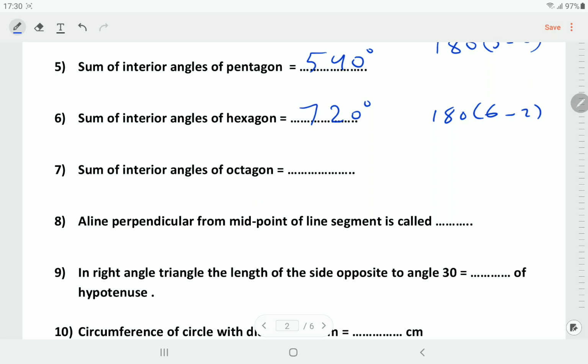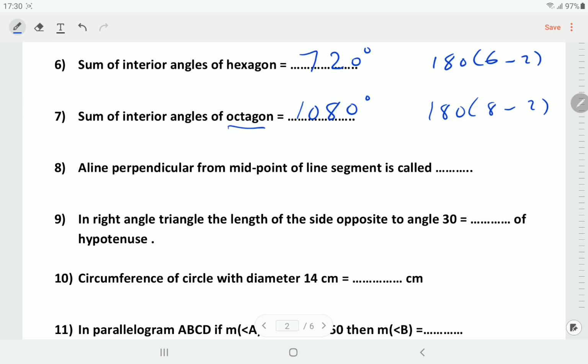Because you know, penta 5 sides, pentagon 5 sides, hexagon 6 sides, heptagon 7 sides, octagon, sorry, 8 sides, nonagon 9 sides, decagon 10 sides. Then octa 8 sides, okay? 180 times 8 minus 2 is going to be 180 times 6 equals 1080 degrees.